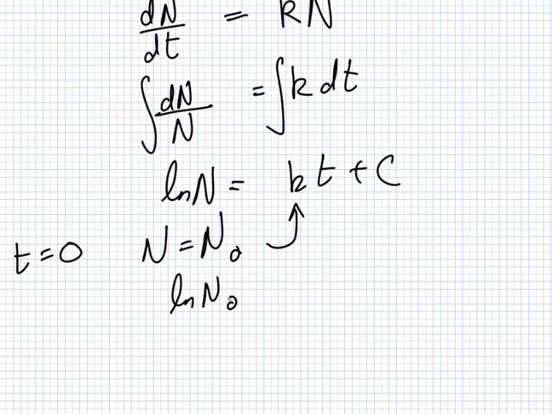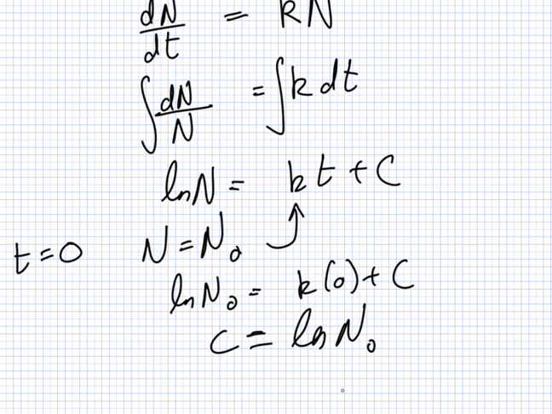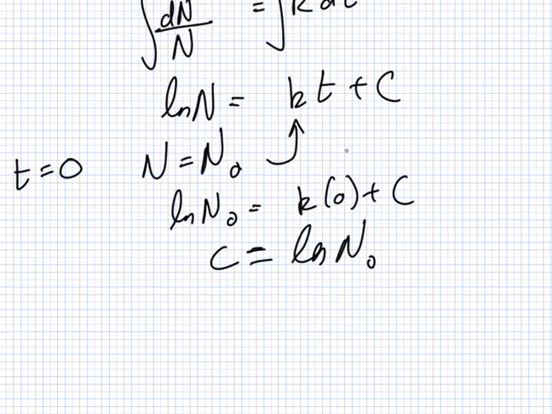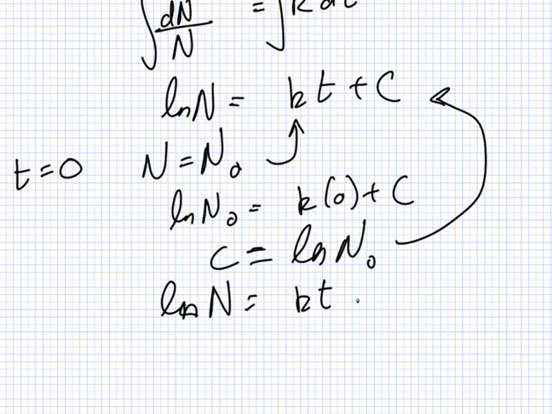Log n0 equals k times 0 plus c, so then c equals log n0. So if I substitute that back into here, I get log n equals kt plus log n0.